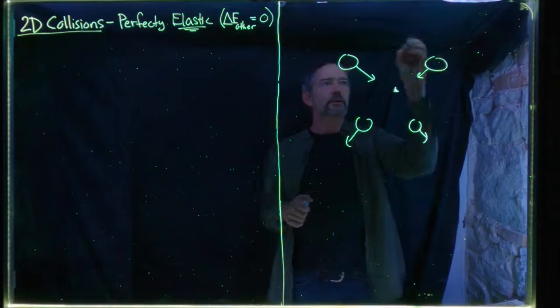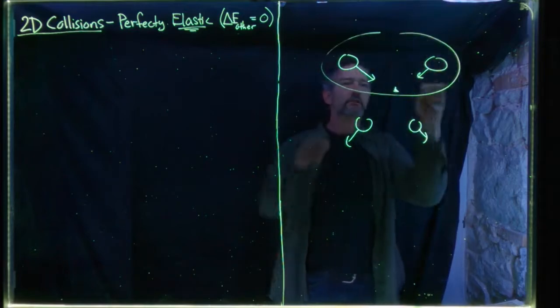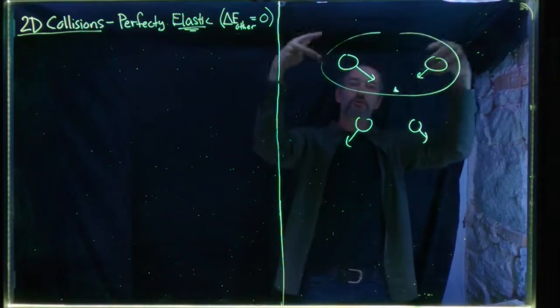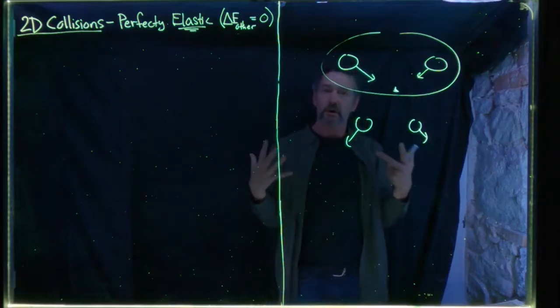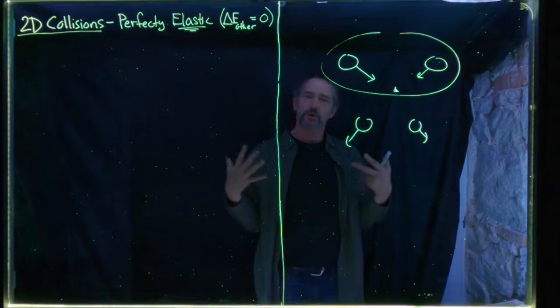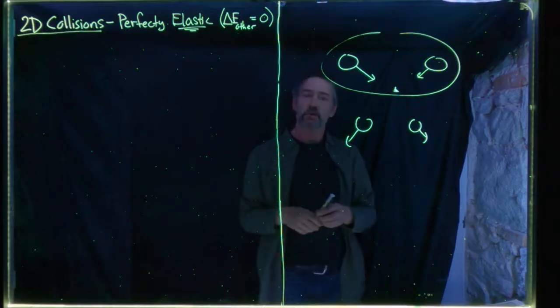So if we focus on the initial condition here, we've got two arbitrary velocities, or two arbitrary momenta. Now, here's where thinking a little bit about the choice of inertial reference frame is important and helpful.